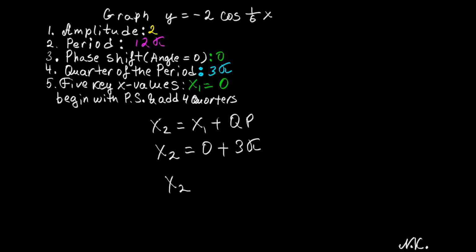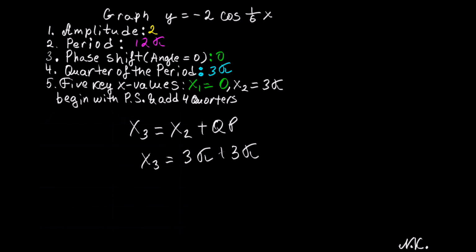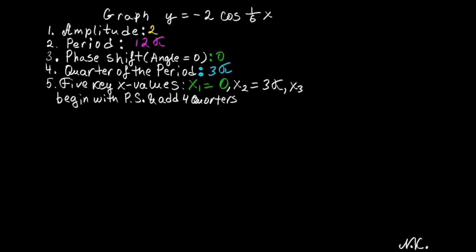So our second x is equal to 3 pi. The next x value, x3, is equal to x2 plus a quarter of the period. So x3 is equal to 3 pi plus 3 pi, and we get 3 plus 3 is 6 pi. So x3 is 6 pi.